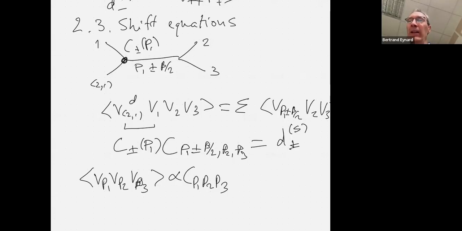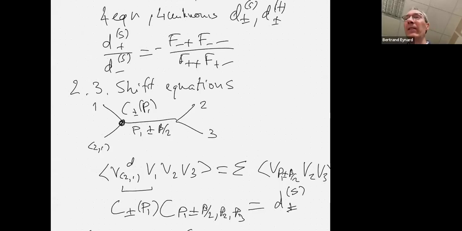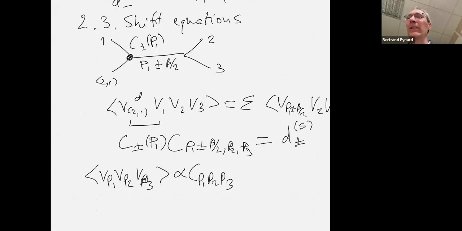Okay, so if we accept that this is the d plus minus s, it means that our equation, which gives us the ratio d plus s over d minus s, is a ratio we know in terms of some known F matrix elements. This equation is a constraint for the physical structure constants C plus minus and C(P1, P2, P3).